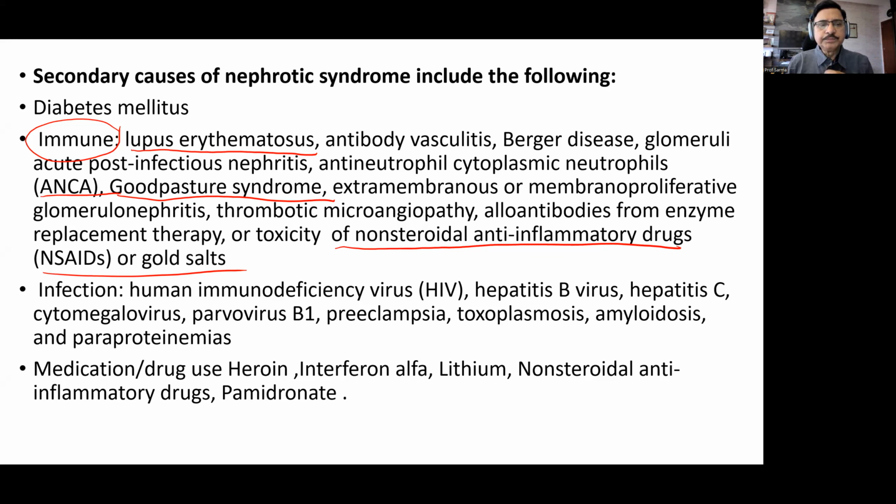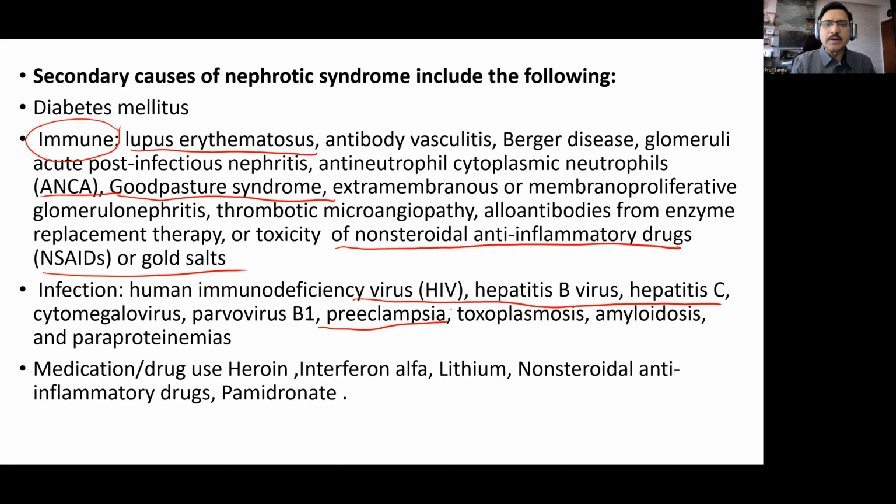Go ahead. In infections, it is due to HIV or hepatitis B or C virus or cytomegalovirus and parvovirus, preeclampsia and toxoplasmosis and amyloidosis and paraproteinemias. Here, everything is jumbled up. How can preeclampsia be an infection?